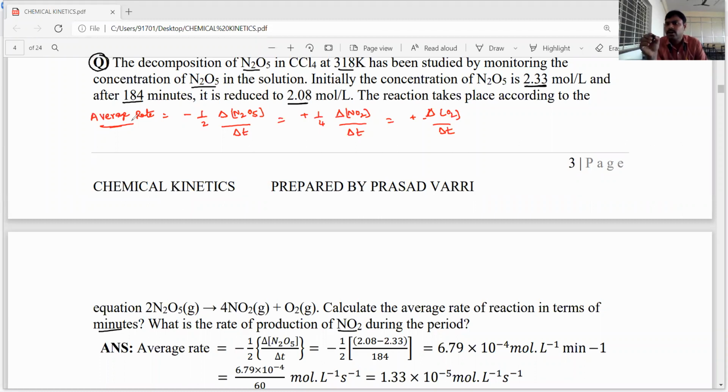But in the question, only the concentration of N2O5 changes are given.